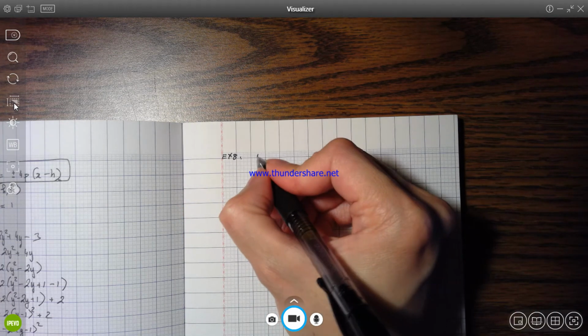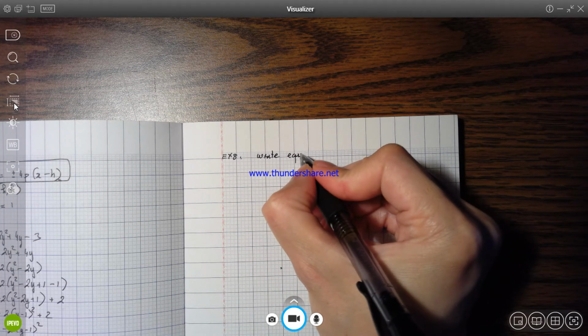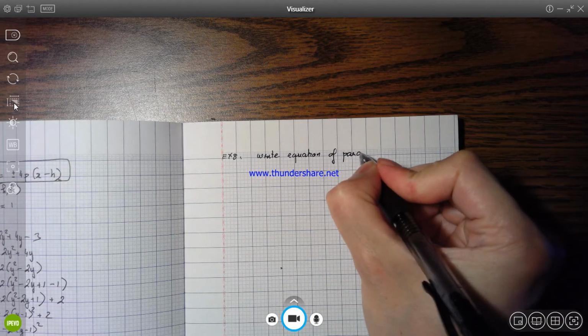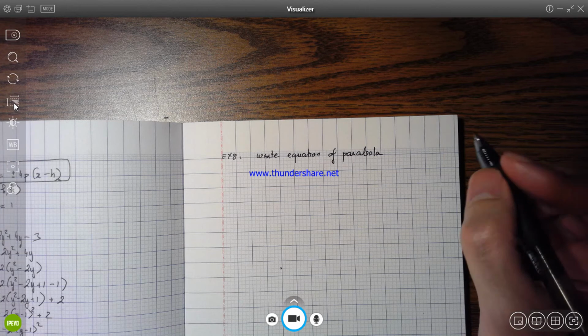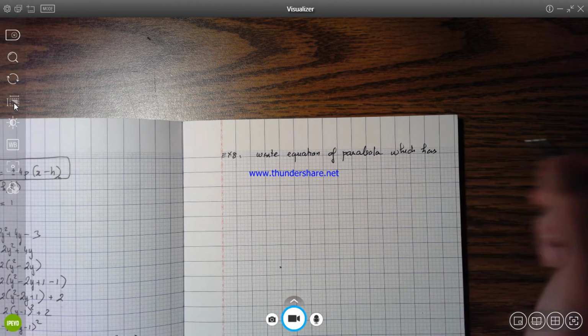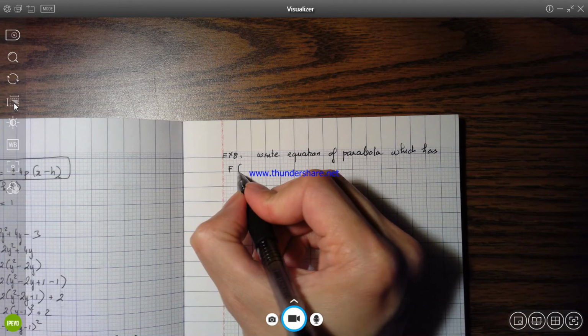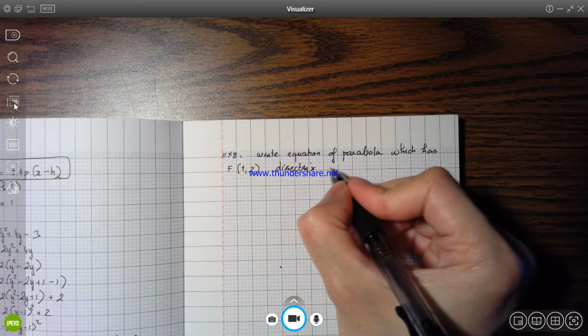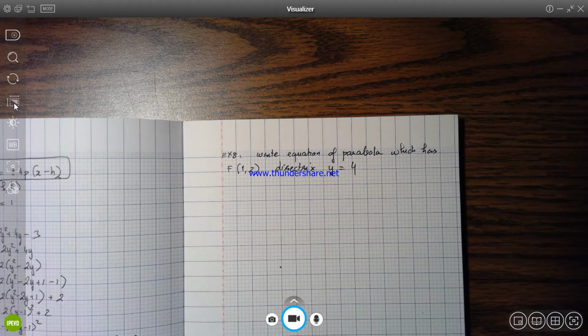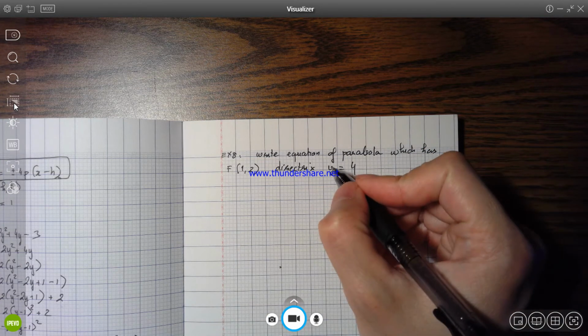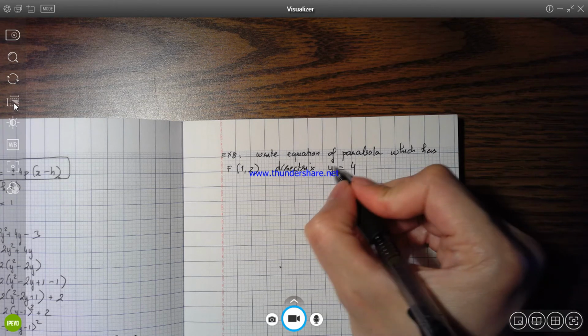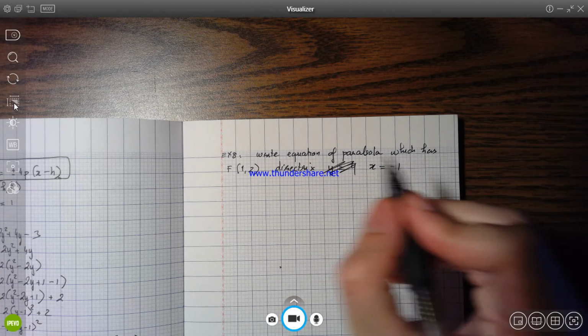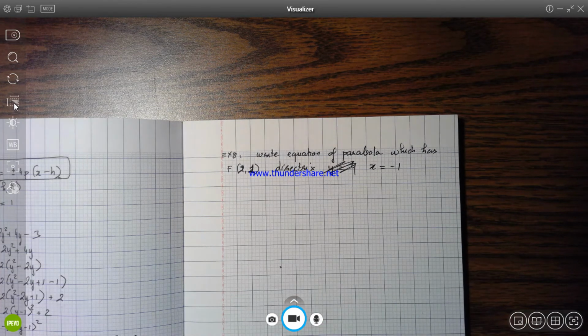I want you to write the equation of a parabola which has focus F at (2, 1) and directrix x equal to -1. I changed the focus to 2, 1. Okay.